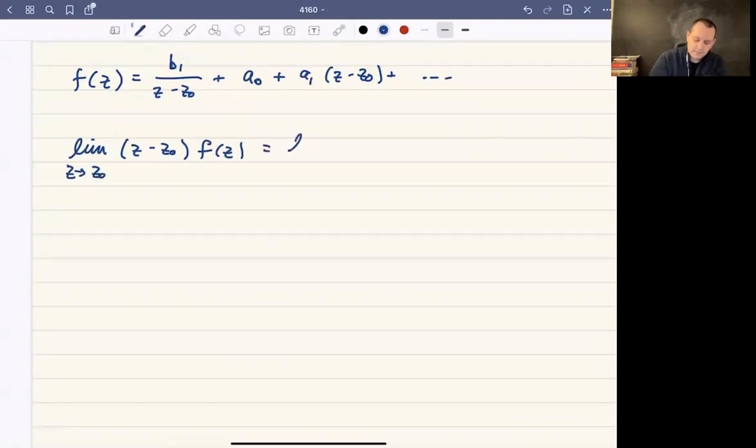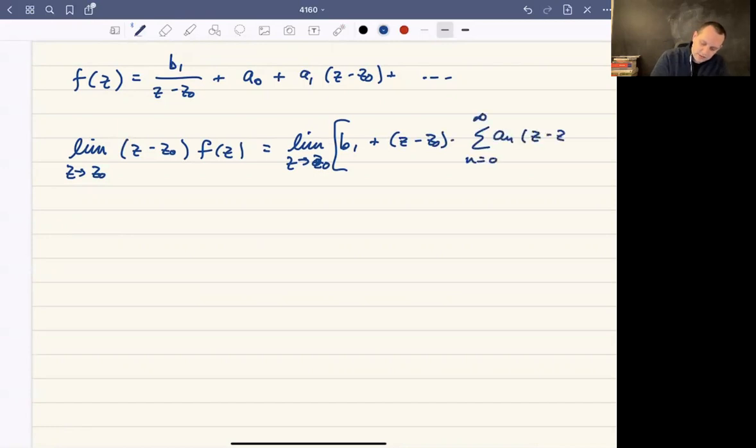That's going to be the limit as z approaches z naught of b1 plus a0 times all the rest. Let me actually write it nicely like this: z minus z naught times the infinite sum as n goes from 0 to infinity of a sub n times z minus z naught to the n.